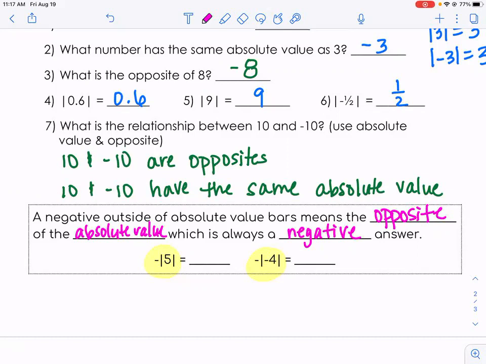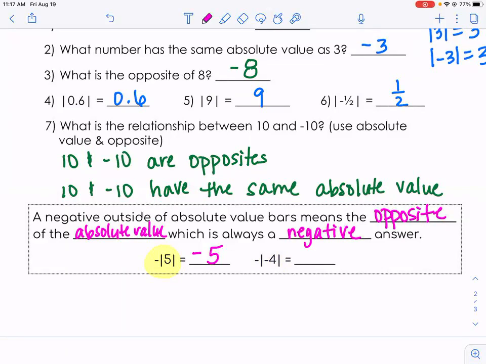Okay. So when we talk about this guy right here, first of all, let's cover this up. We know that the absolute value of 5 is 5. So I'm going to write 5, but then this negative is on the outside, so it stays there.